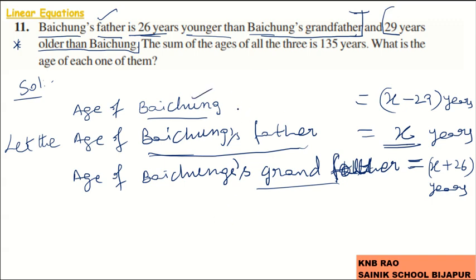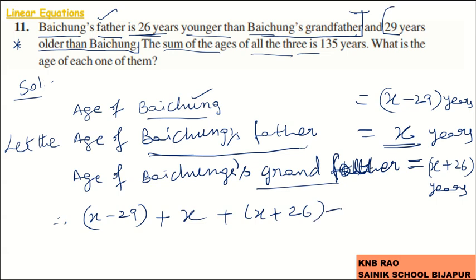Now, the sum of all three ages. Therefore, adding x minus 29 plus x plus x plus 26 gives me 135.